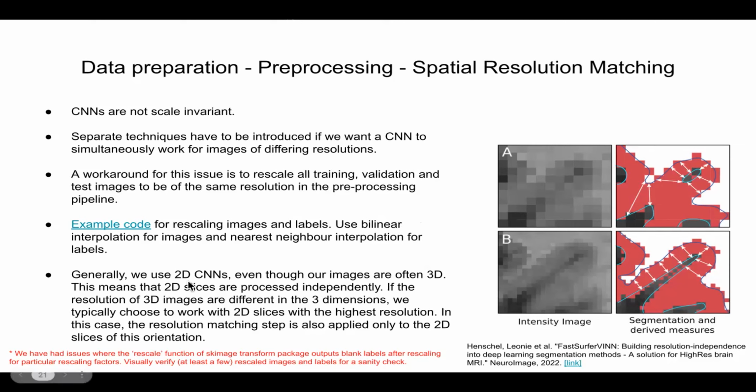Generally, what we do is we work with 2D CNNs, even though our data is 3D. And what happens is the resolution is typically sparser in one of the directions. So we use the dimension with better resolution as the 2D slices that get fed to the CNN, and we also do the resolution matching in this direction, right?